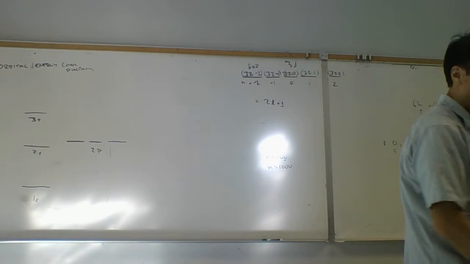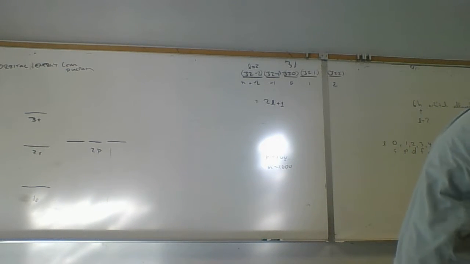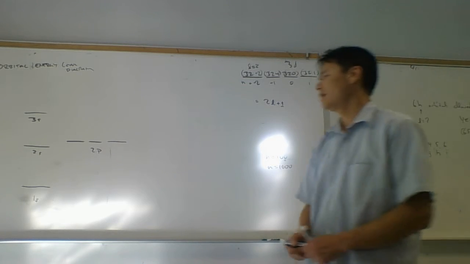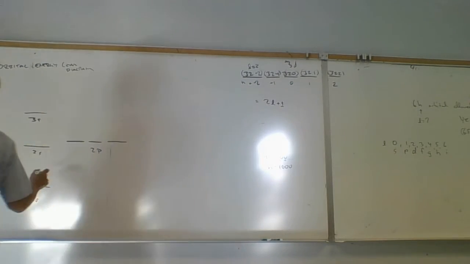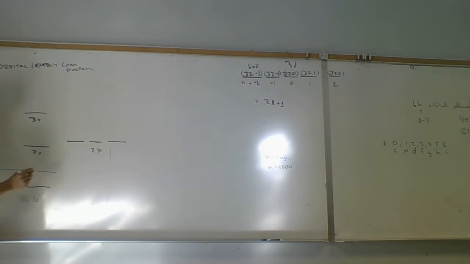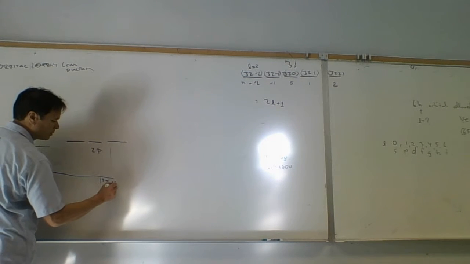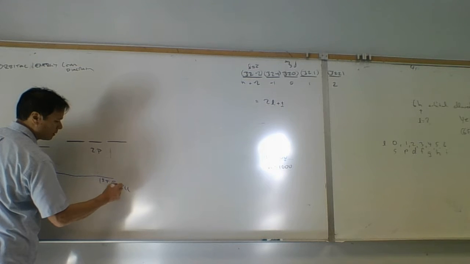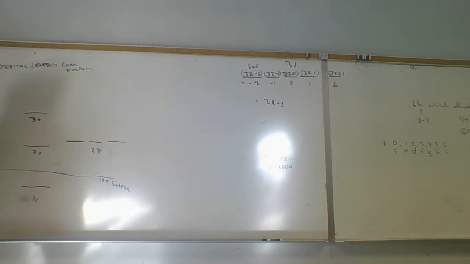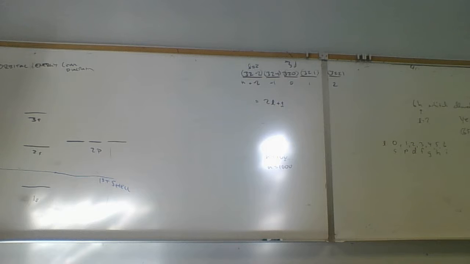And so what we're going to have are shells, energy levels. So this is the first shell. A shell of orbitals is the set of orbitals with similar energies. So this 1s, there's only one orbital in the first shell, and that's the 1s orbital.